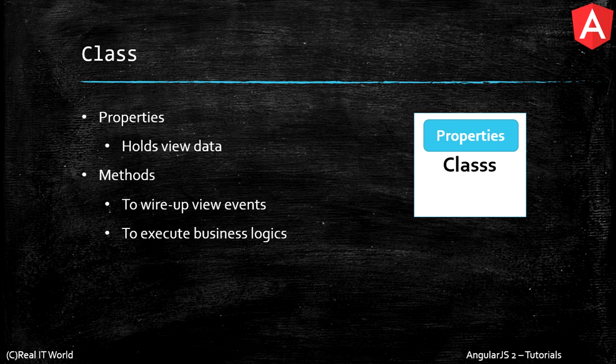When we click on that button, it will trigger a method inside this class, and the code we already wrote in that method will execute our business logic. So this is the purpose of the class: for a component, the class has business logic execution and some data.